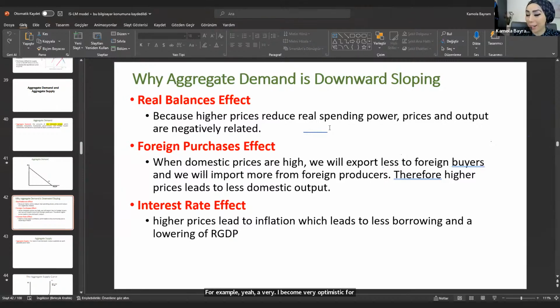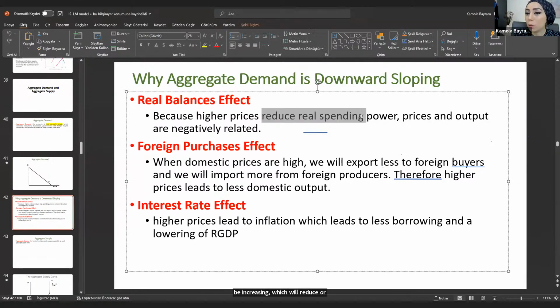So that is what is happening when your currency is depreciating. Also, the price of the imported goods will be increasing, which will reduce or negatively affect your real spending power. Well, this is the real balance effect.